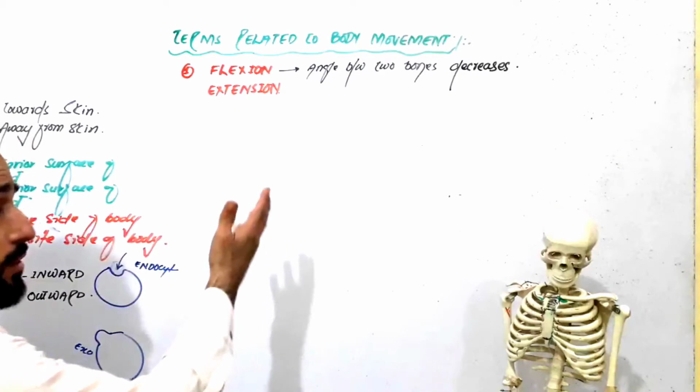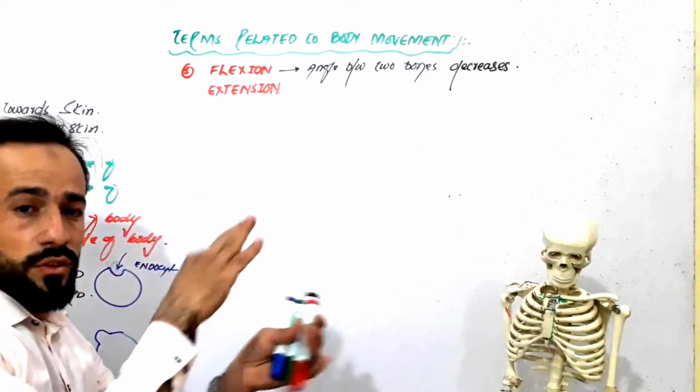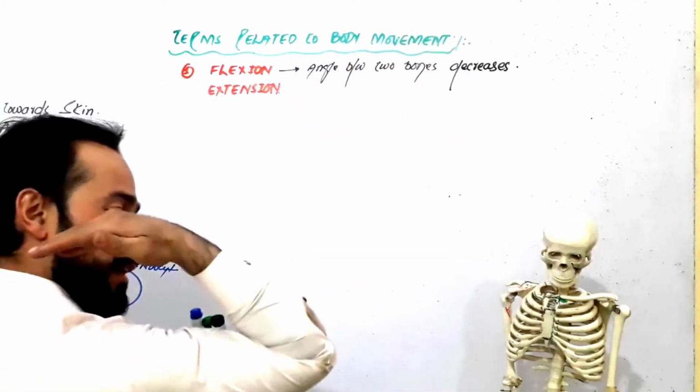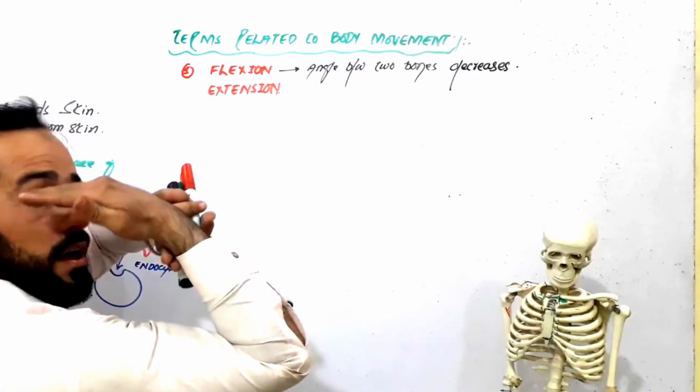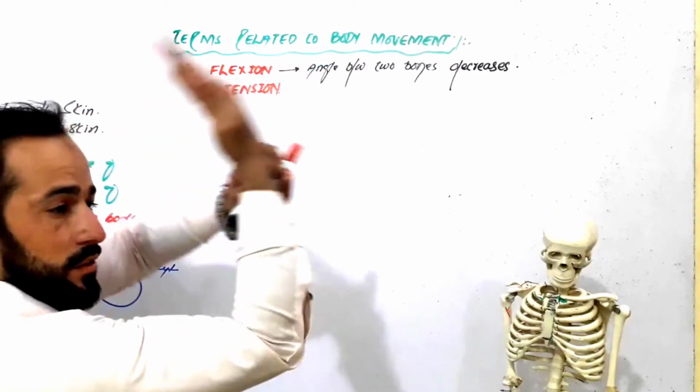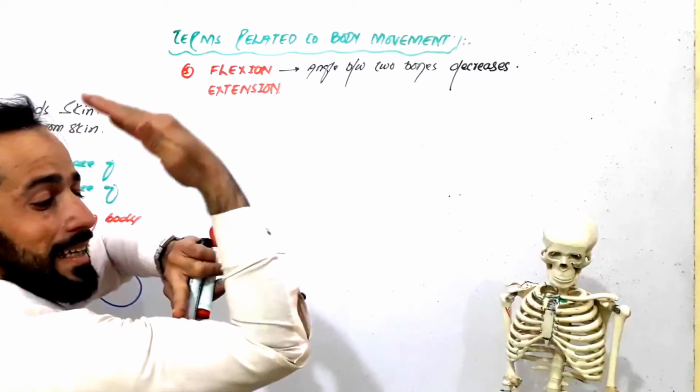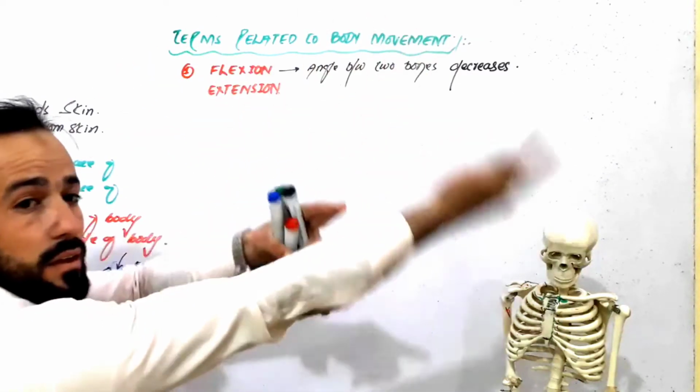And then there is extension, and extension is opposite to that. When I am taking my hand back towards its original position, the angle is again increasing, right?